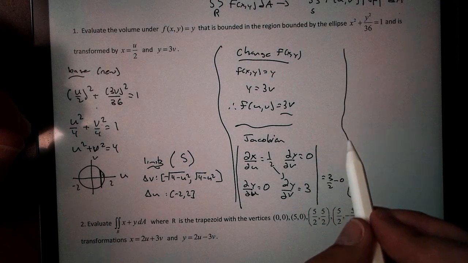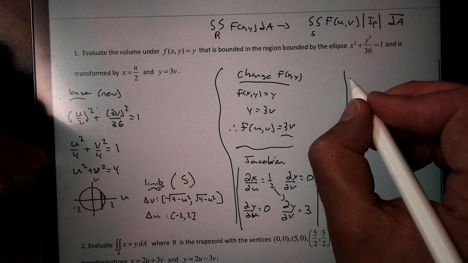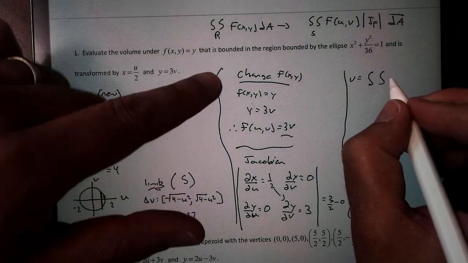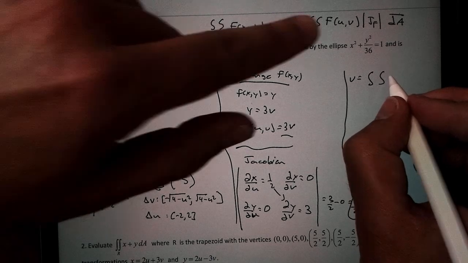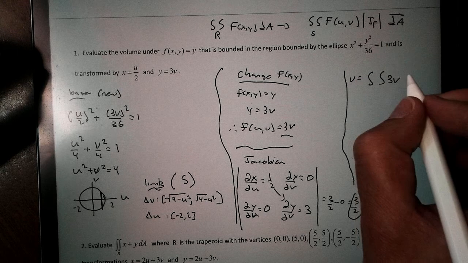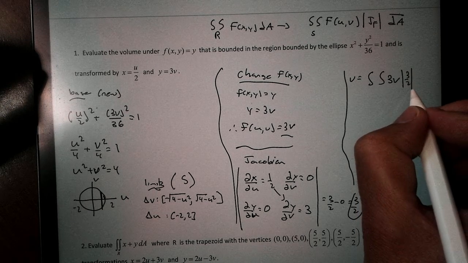And now I can just put it all together. So my new integral for my volume would be my double integral, y, which is 3v, my Jacobian, which is 3/2, dA.